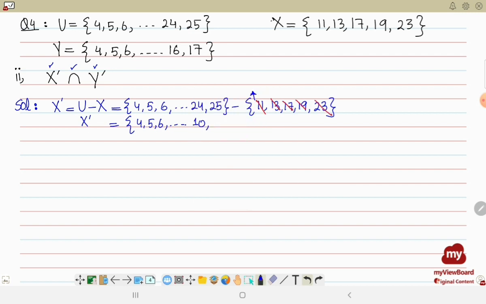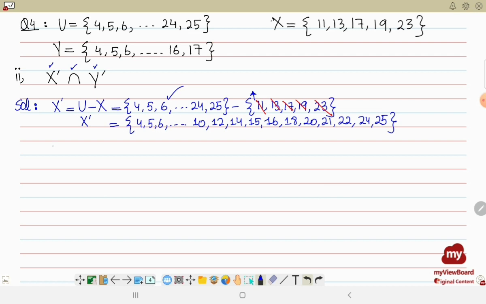So will be left behind from universal set. अब हमने देखना है कि ये एलिमेंट्स ना आएँ और बाकी सारे एलिमेंट्स आ जाएँ. सो 11 नहीं आएगा, देन 12, 13 कैंसिल, देन 14, 15, 16, 17 नहीं आएगा बिकॉज इट इज़ ऑलरेडी कैंसिल, 18, 19 भी नहीं आएगा, ठीक है, 20, 21, 22, 23 भी नहीं आएगा, ठीक है, एंड देन 24 एंड 25. सो हमने क्या किया, यूनिवर्सल सेट के एलिमेंट में से ये एक्स सेट के एलिमेंट्स को ख़त्म कर दिया और यूनिवर्सल सेट के एलिमेंट्स जो बच गए वो हमने लिख दिए.